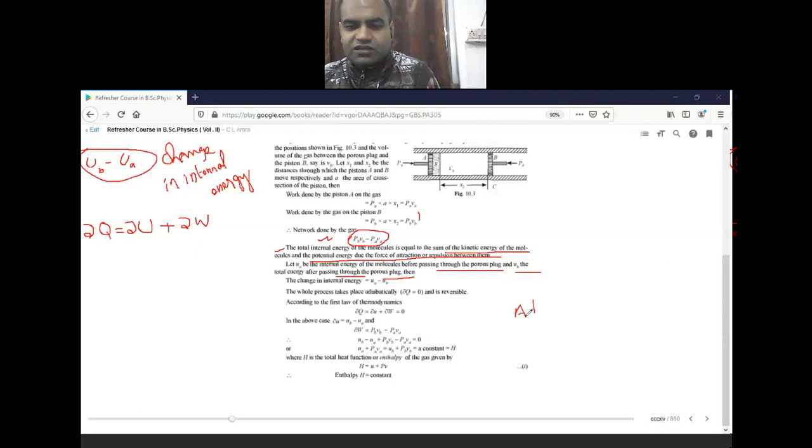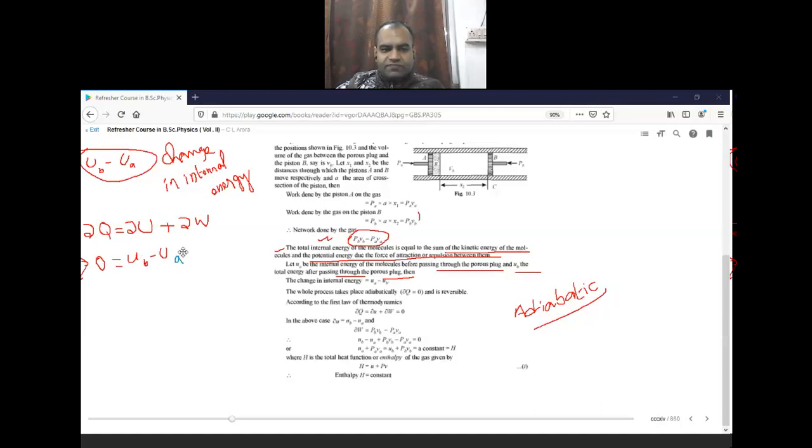Now this process is adiabatic. If this process is adiabatic, this Joule Thomson experiment, remember we are still learning the Joule Thomson experiment, so we can write dq equal to 0, because in an adiabatic process no heat is allowed to enter or leave a thermodynamic system.